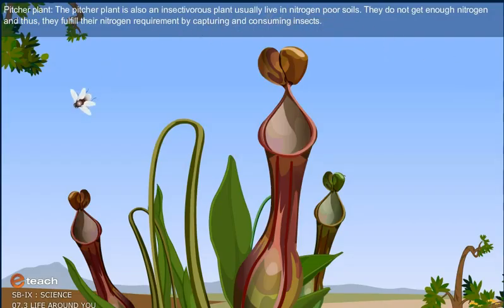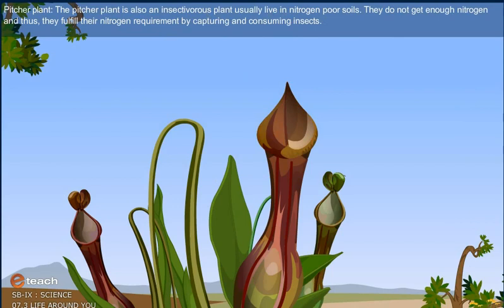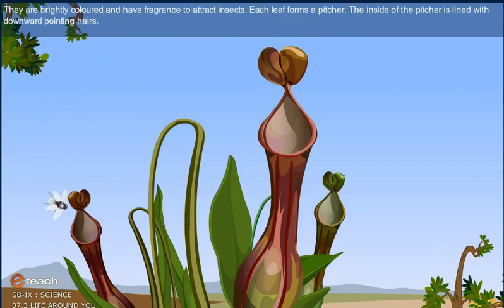Pitcher plant. The pitcher plant is also an insectivorous plant, usually living in nitrogen-poor soils. They do not get enough nitrogen and thus they fulfill their nitrogen requirement by capturing and consuming insects. They are brightly colored and have fragrance to attract insects.